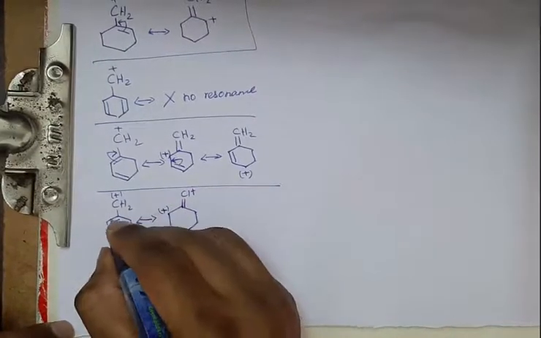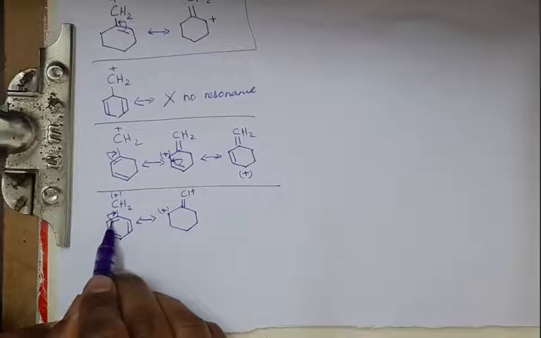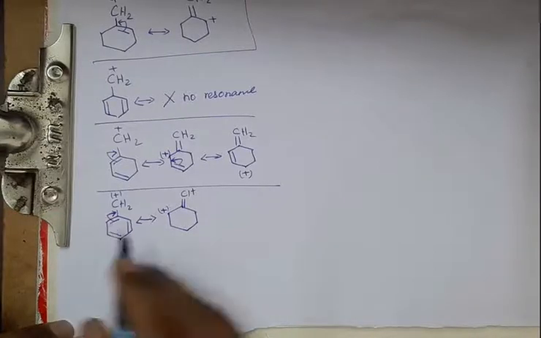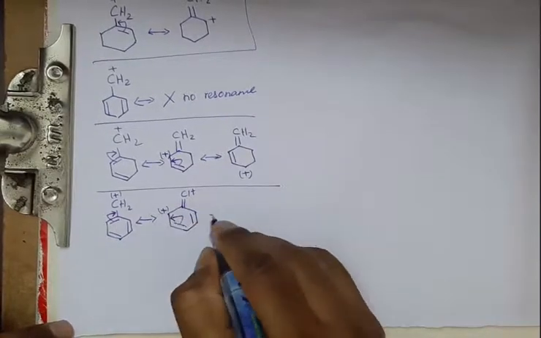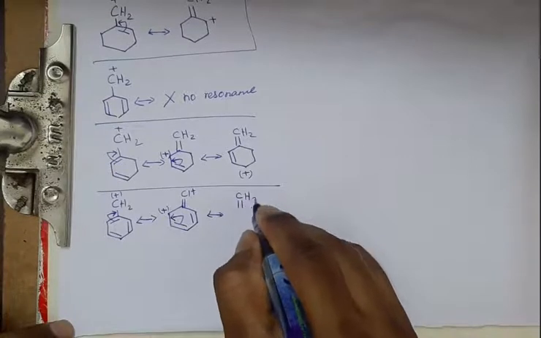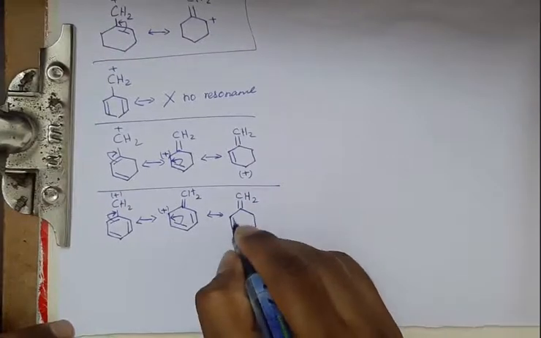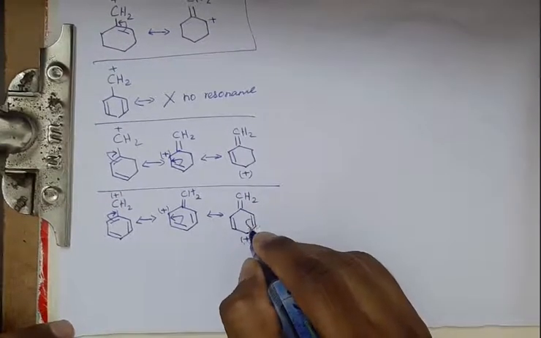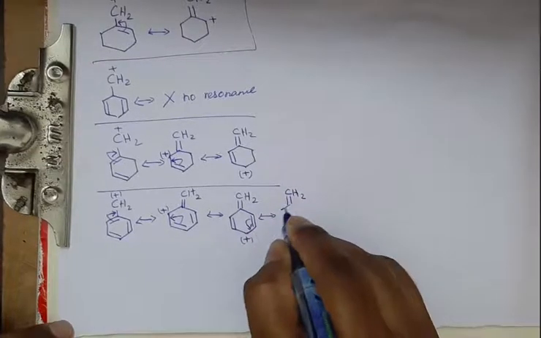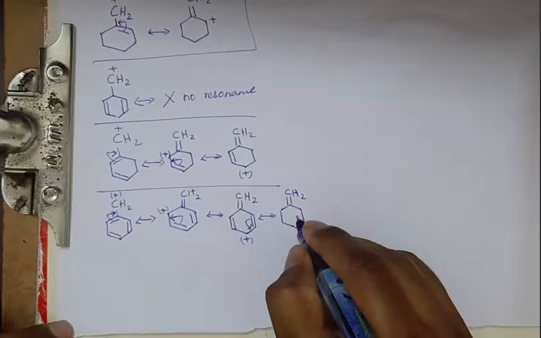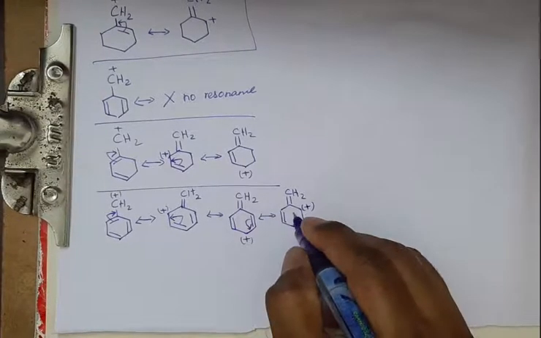So it has moved here and you will get a positive charge here because this carbon has lost one of its electrons. Now this will go here and this positive charge will come here. So there is a CH2 here. Now again this will come here and the positive charge should develop here. CH2. So these are the 4 resonance structures that are possible.